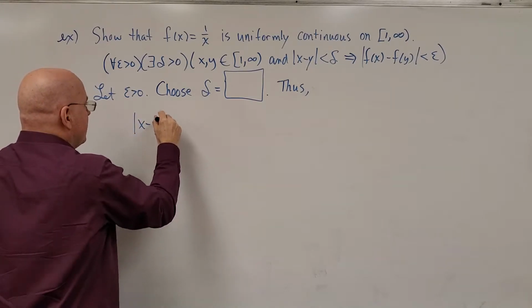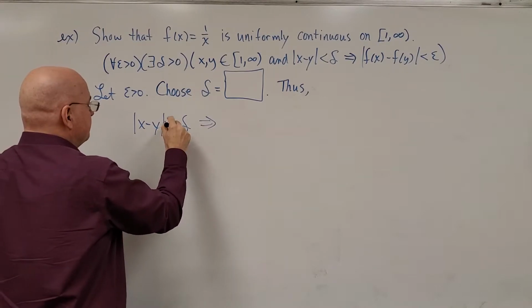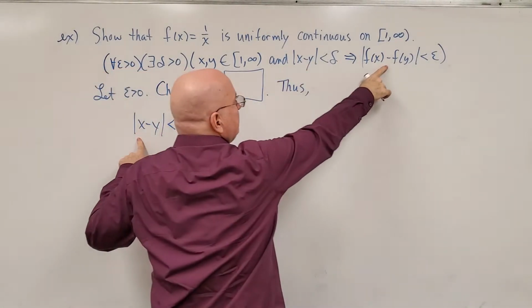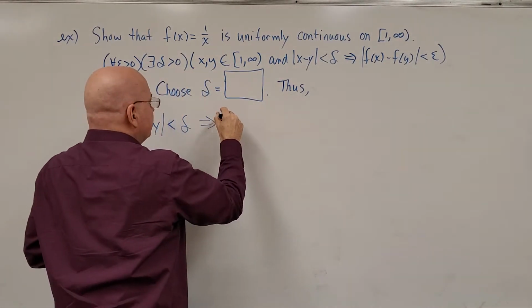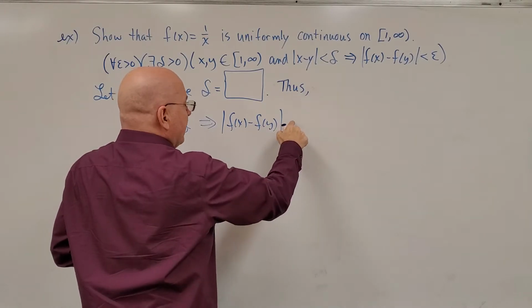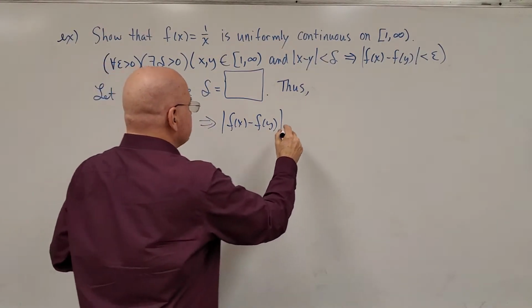absolute value of x minus y less than delta implies, and let's see what that implies. If this is true, I have to show that this is true. So I need to say absolute value of f of x minus f of y, and eventually I'm going to get less than epsilon. So what is this equal to?